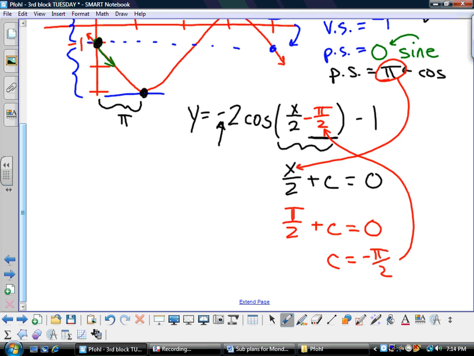So the cosine equation for this graph is y equals negative 2 times the cosine of x over 2 minus pi over 2, and outside the parentheses, minus 1.